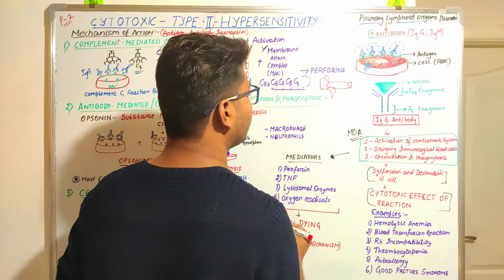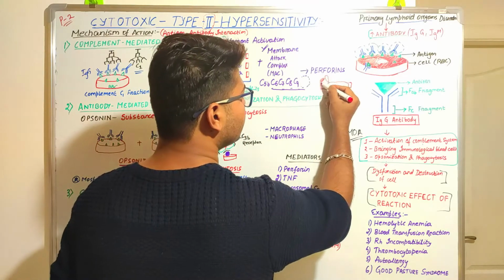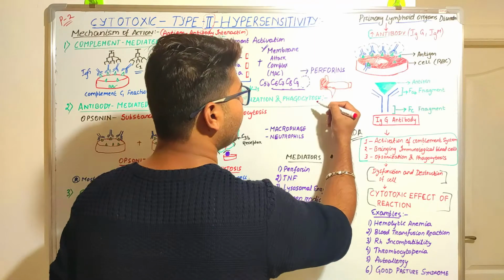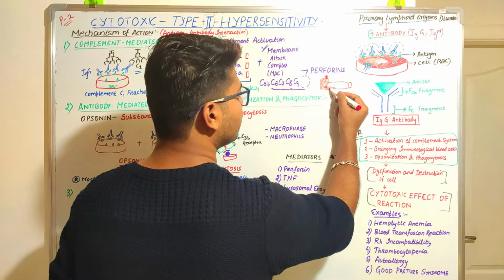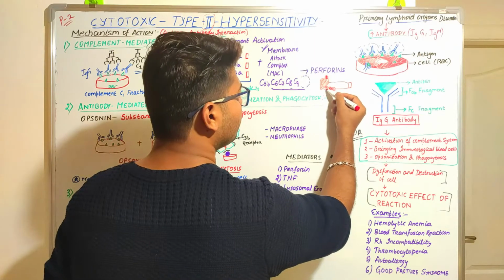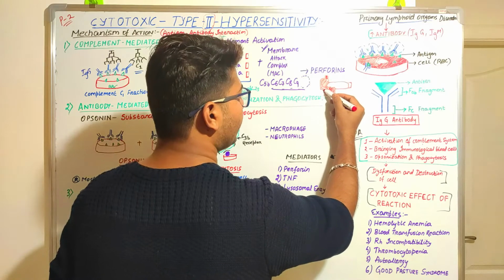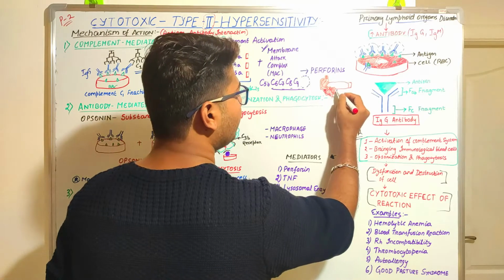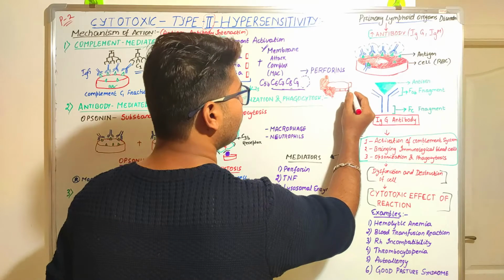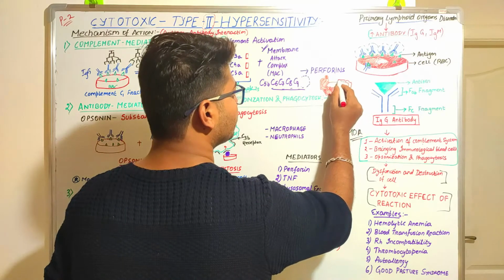There will be a structure like this. This represents C5b, C6, C7, C8, and a whole lot of C9 structures.